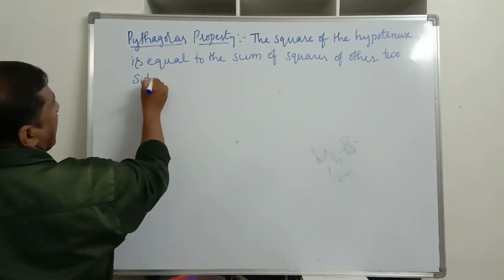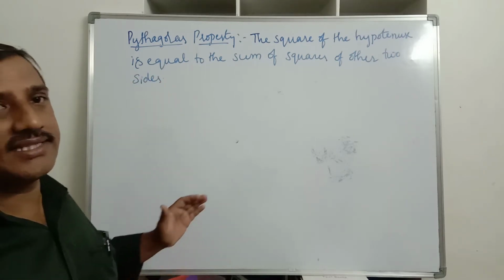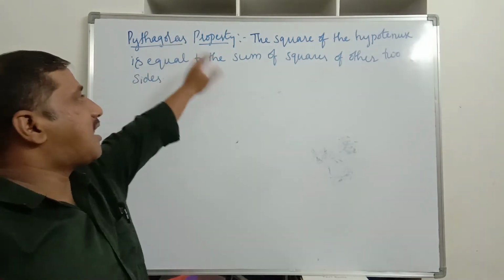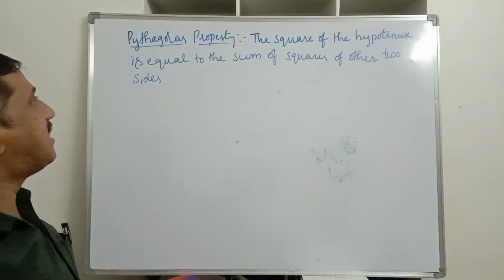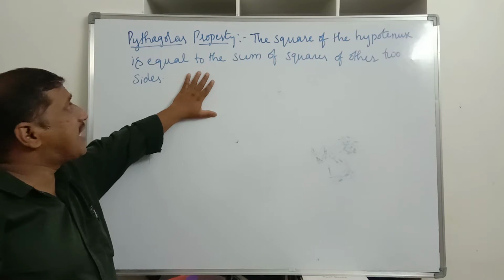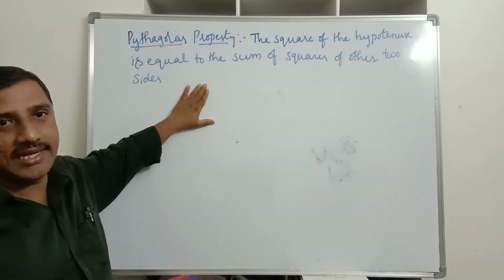Here the square of the hypotenuse means what? Hypotenuse is one side, that is the length. The square of the hypotenuse is equal to the sum of the squares of lengths of the other two sides. This property is known as Pythagoras property, and its proof we will study in class 10.